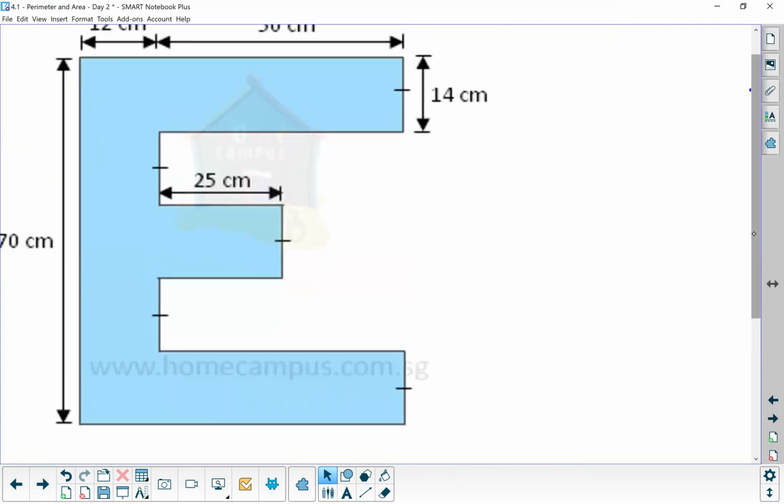So that means the entire bottom is 67 centimeters. These little lines that are on each of the ends of the E mean those are all the same length. So these are all 14 centimeters.